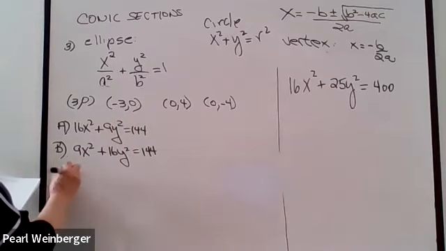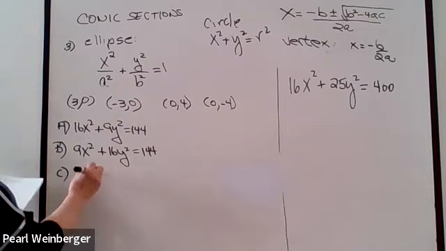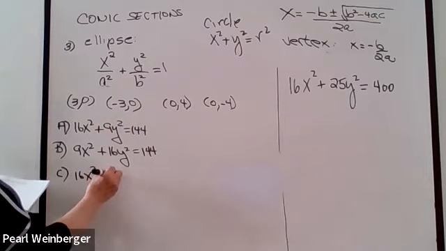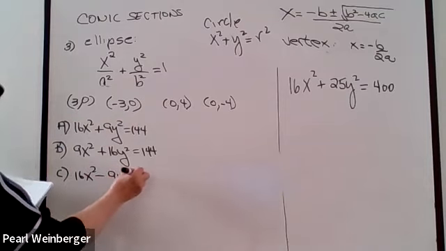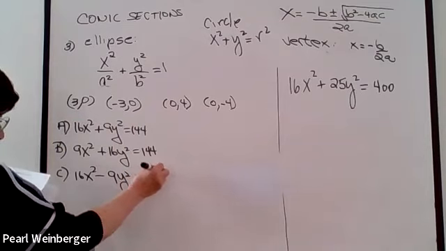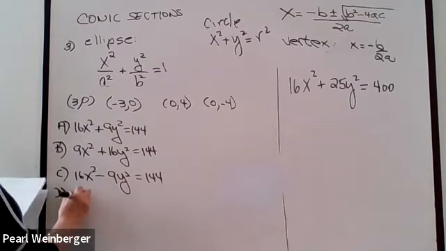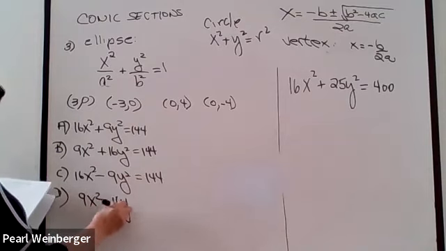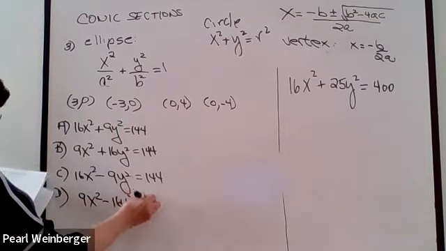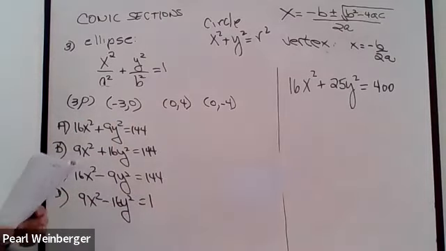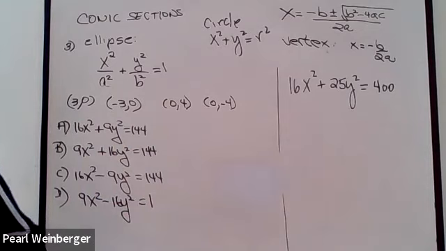C, 16x squared minus 9y squared equals 144. And D, 9x squared minus 16y squared equals 1. Okay, these are the choices I'm giving you.